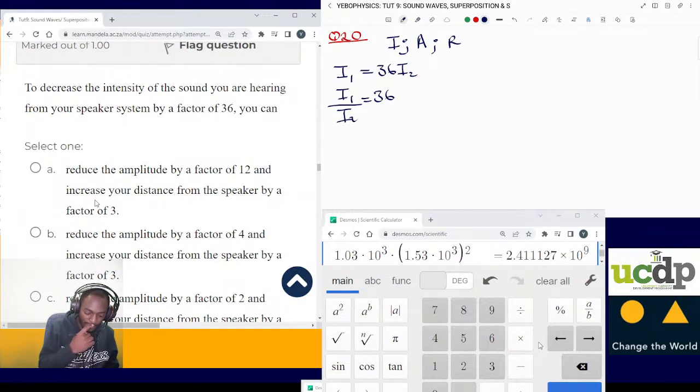Now we have to find the relation between intensity, amplitude, and the distance. If you recall from waves, we've got power being equal to half mu omega squared amplitude squared v. Sorry, that's power, not intensity.